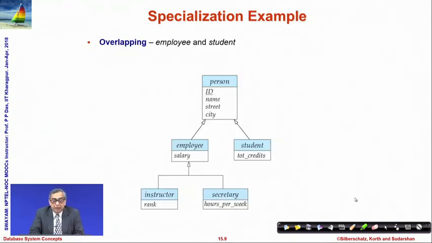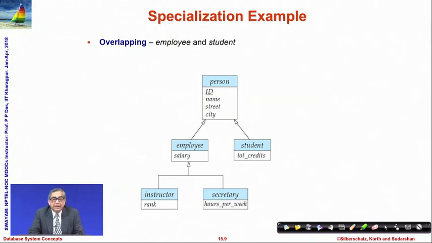So, here is an example. You can see person at the so-called root of this hierarchy of specialization. It has a set of properties: ID, name, street, city. Employee is another entity set which is a specialization of the person entity set. So, employee inherits all attributes ID, name, street and city, but in addition the commonality of the entities in the employee entity set is that all of them have a salary attribute.